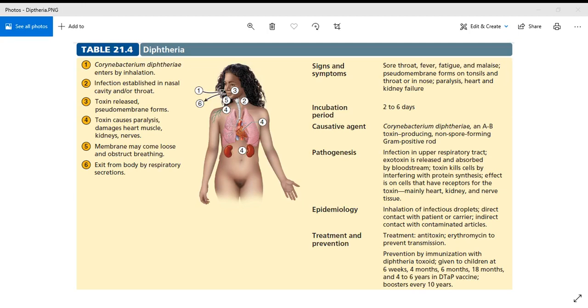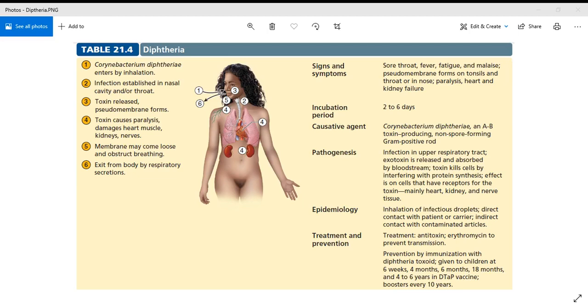The organism is not actually dangerous by itself, but it's the toxin that it releases that is extremely dangerous. The organism is not invasive.